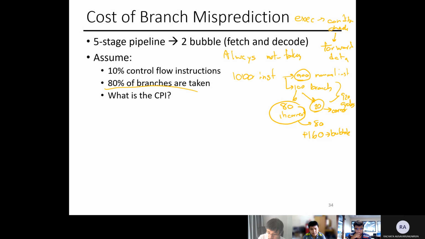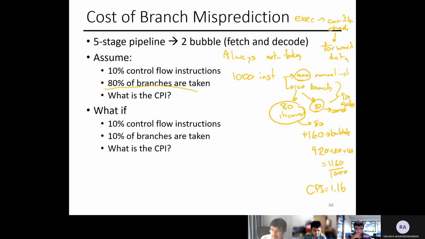So in total, what you're doing is 920 plus 80 plus 160. That's 1160 cycles per 1,000 instructions. CPI is 1.16.